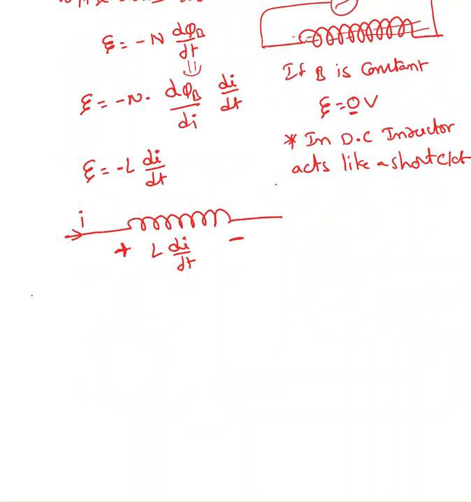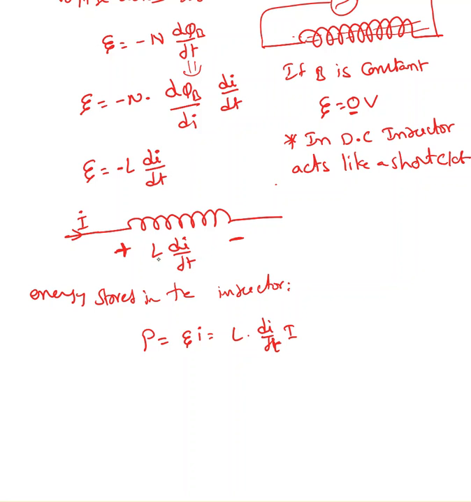Now we'll find the energy stored in the inductor. What is the energy stored in the inductor? I know the current, I know the voltage, so can I say power P equal to V times I? That's nothing but E times I. E is L times di by dt, times I. I'm going to choose this as direct current.